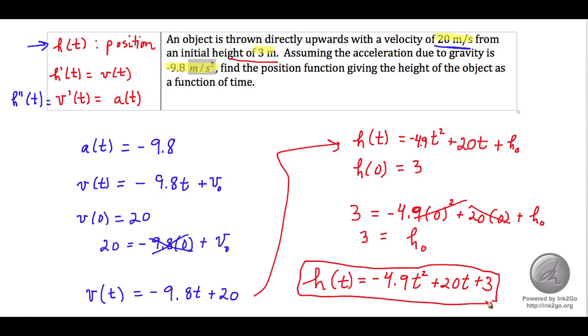The position function is equal to negative 4.9 t squared plus v naught, the initial velocity, times t, plus h naught, the initial position. So there you have it. We'll end this lesson here on a note that relates to something practical and to one of the more famous functions in the history of physics and calculus.